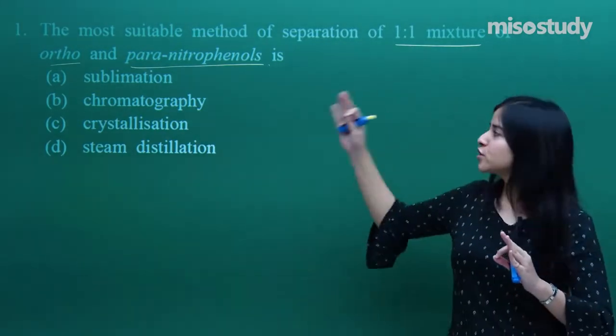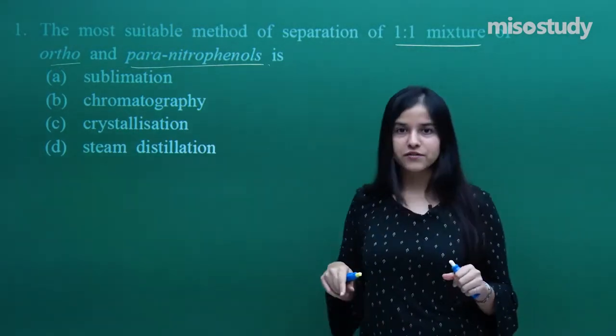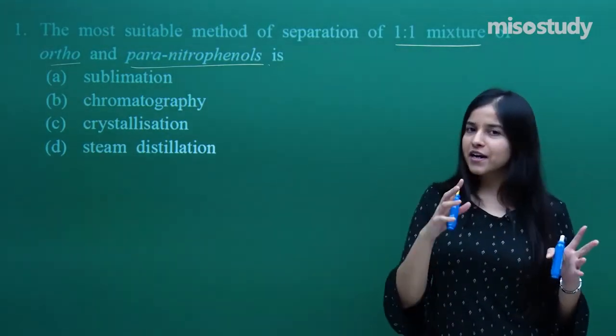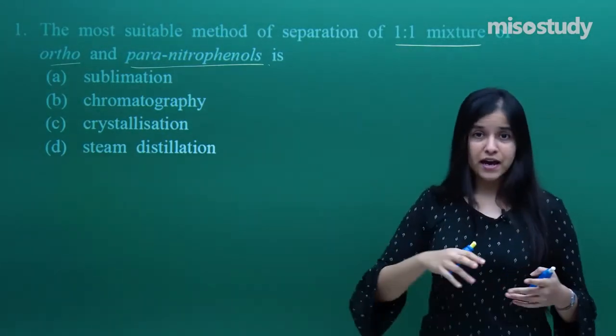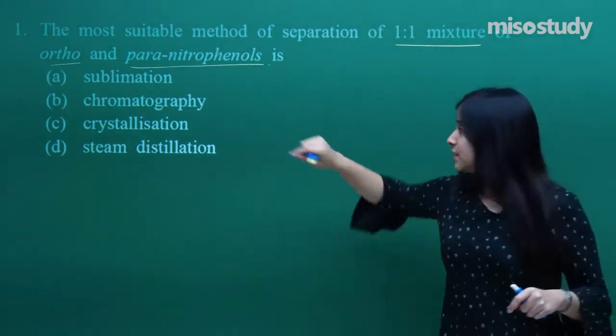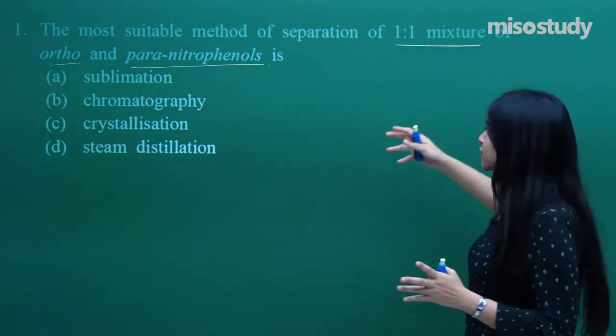Before moving on to the conclusion, let us first analyze what compounds are given. It's ortho and para nitrophenol. You must have an idea of what kind of structure it is and what kind of bonding is there. It's a special kind of bonding existing in the two structures. So let us draw the structures first.